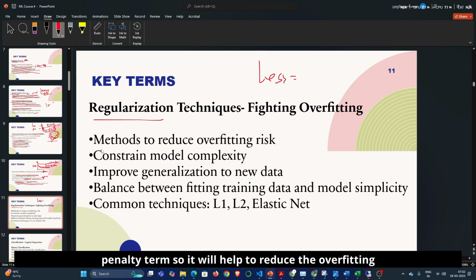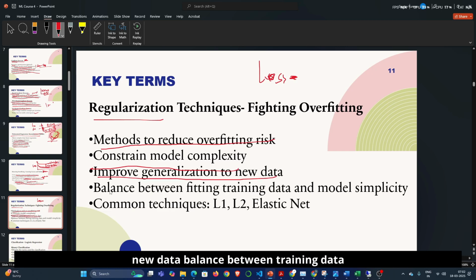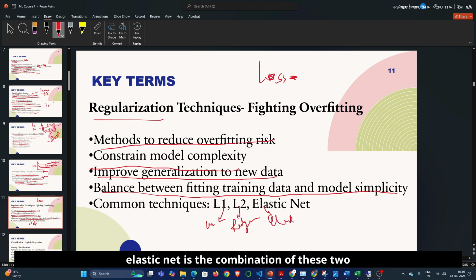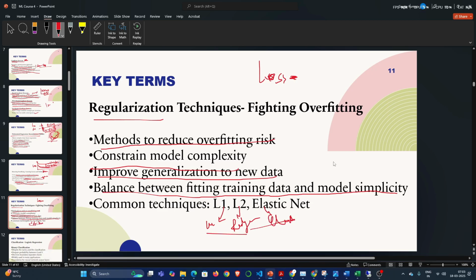It helps reduce the overfitting risk because with the iterative approach we are using, we already have a negative term over here, so the chances are high that it will not minimize too soon, unlike the previous case. It balances between fitting data and model simplicity. L1 is Lasso, L2 is Ridge, and Elastic Net is the combination of these two. I'll show you.